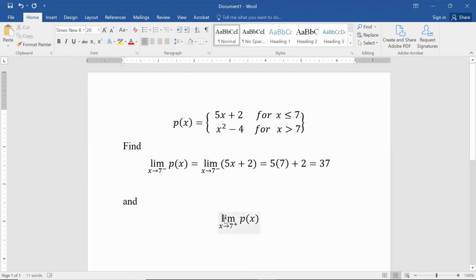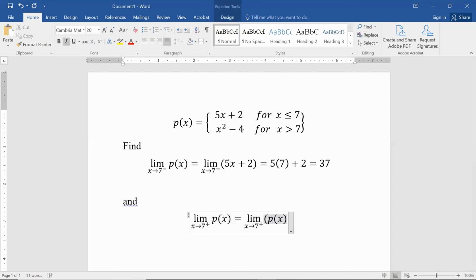So let's do that for the right-hand side limit. The limit as x approaches 7 from the right, from the positive side, of my function is going to be the same thing as the limit as x approaches 7 from the positive side of x squared minus 4.